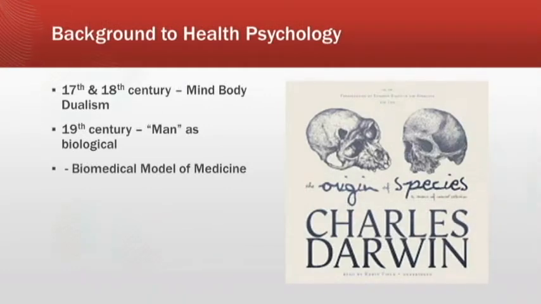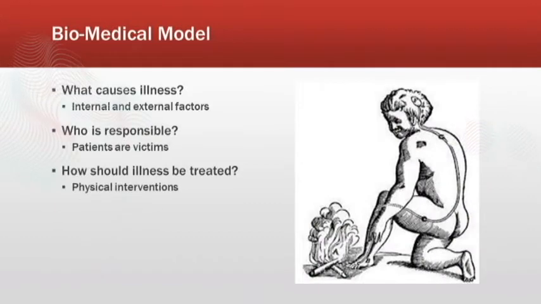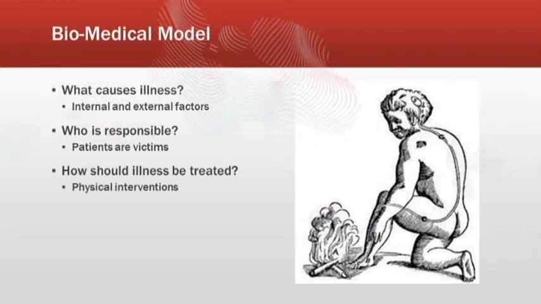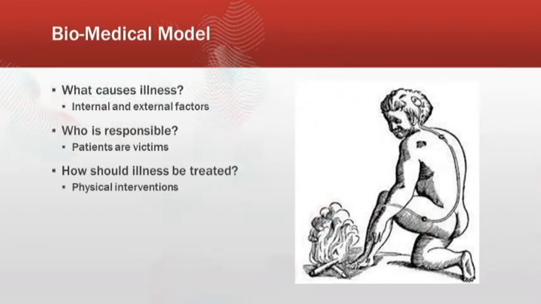So what is the biomedical model? The biomedical model of medicine can be understood in terms of its answers to the following questions. So the first question, what causes illness?